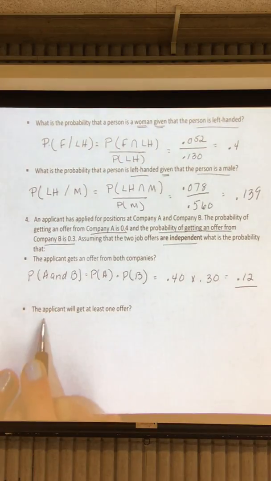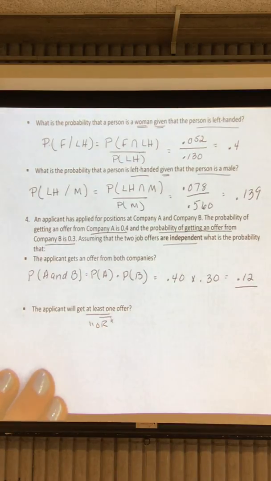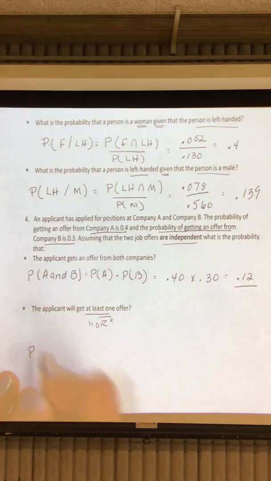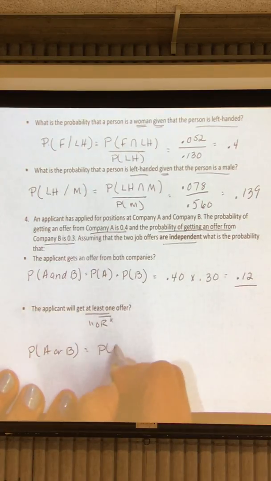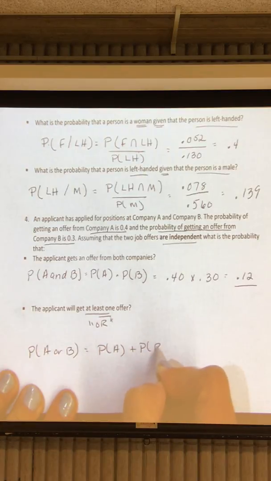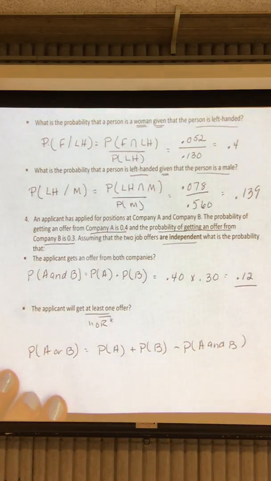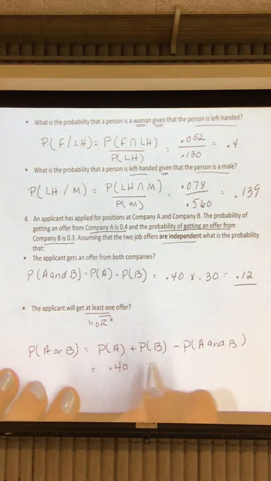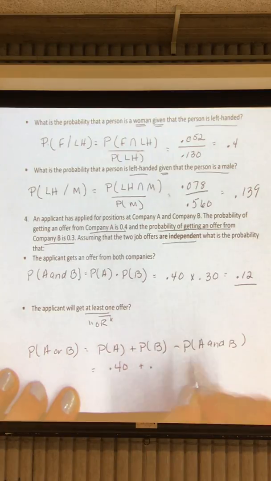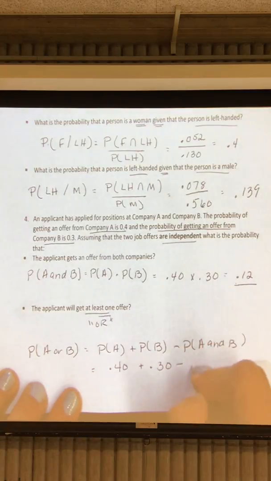The last problem, the applicant will get an offer from at least one. Again, "at least" is one or the other. So we have a formula: A or B is the probability of A plus the probability of B minus the probability of both A and B. So here we have the probability of A or B is equal to the probability of A, 0.40, plus the probability of B, 0.30, and minus the both, which we just calculated, 0.12.